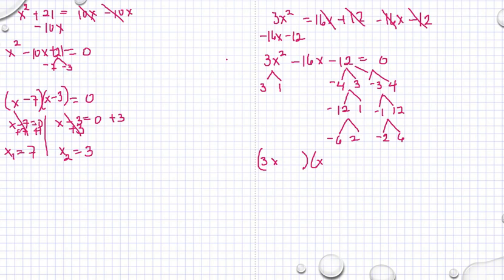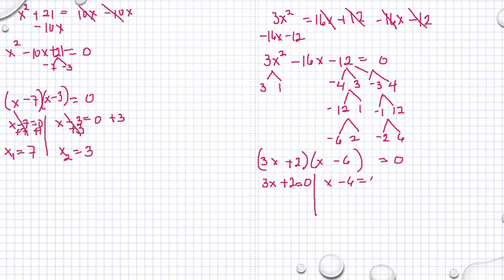X there, and then we have minus 6 there, because 3 times negative 6 is negative 18. That's why we have positive 2 there. Negative 18 added to 2 is negative 16. Then we already factored. Then we have 3x plus 2, and then x minus 6 equal to 0.